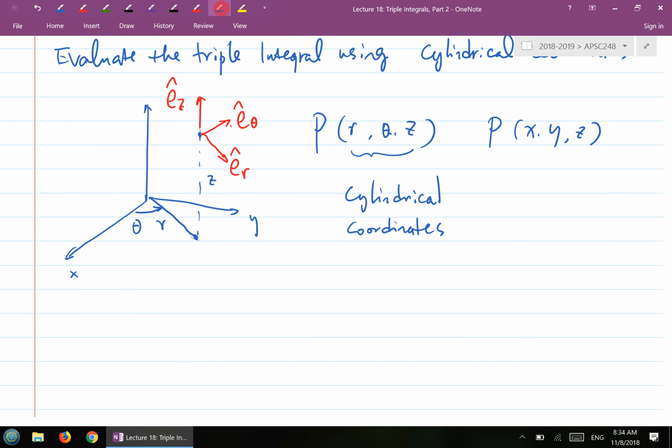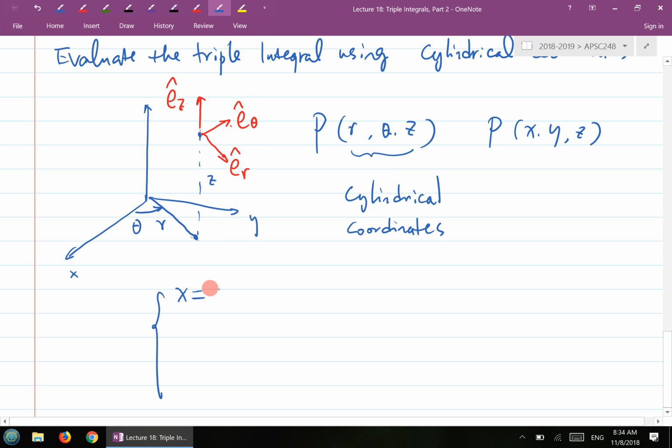Okay, so let's first look at the connection between the Cartesian coordinates and the cylindrical coordinates. What will be the connection? This is actually pretty straightforward, because cylindrical coordinates are basically the polar coordinates plus z.